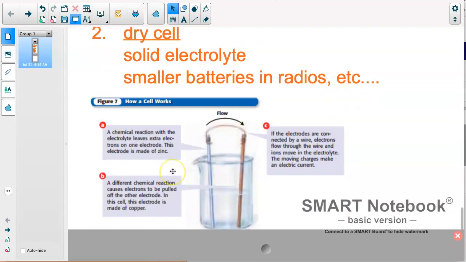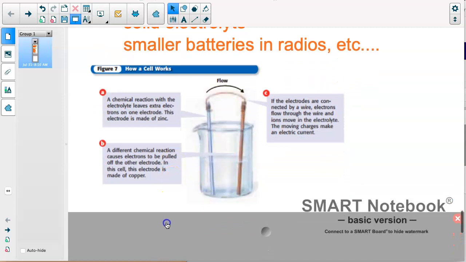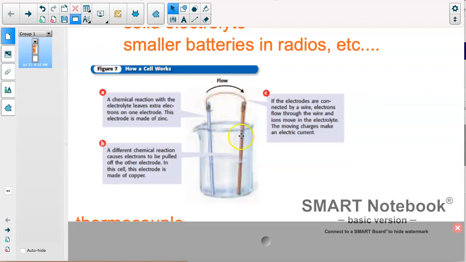So this is just an example of how a cell works. You have your electrodes, right? There's a copper one here and maybe a zinc one here. What happens is you end up with a chemical reaction, and so there's extra electrons on this electrode. Where do they want to go? They want to go to an area where they can flow, right?